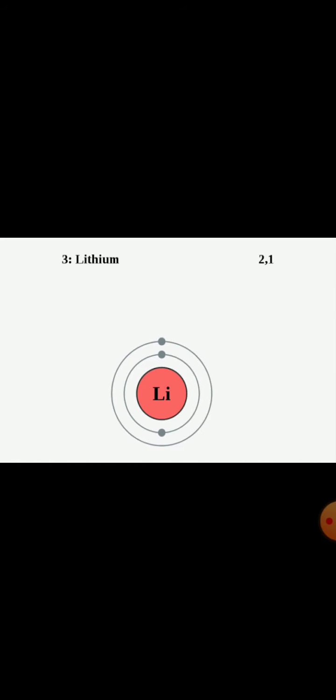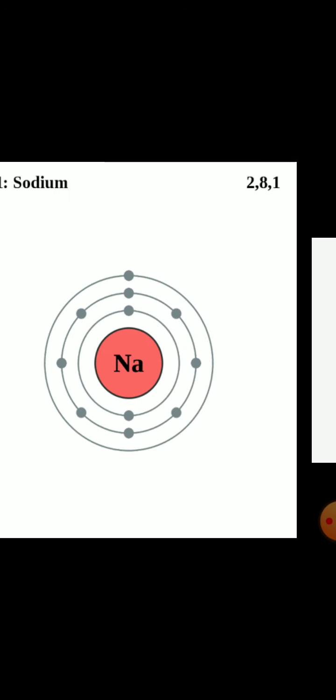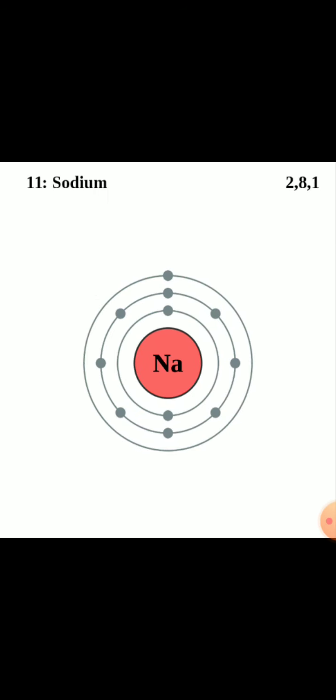If we talk about lithium, the atomic number of lithium is 3, which means 2 electrons will be filled in the first orbit and 1 electron in the second orbit. How many electrons are present in the outermost orbit? 1 electron. If I talk about sodium, it has atomic number 11.